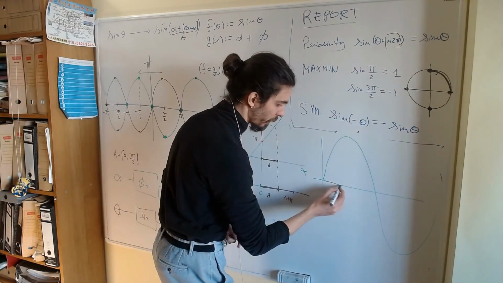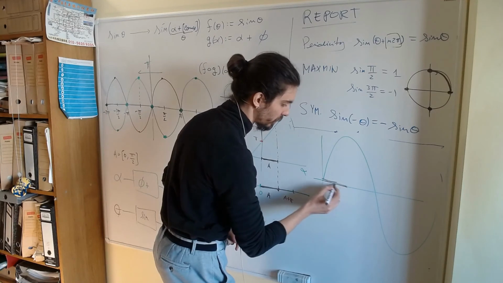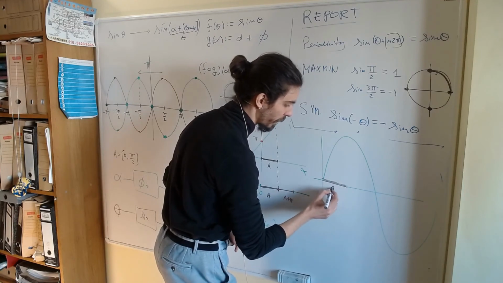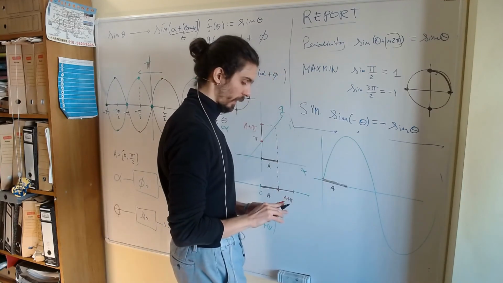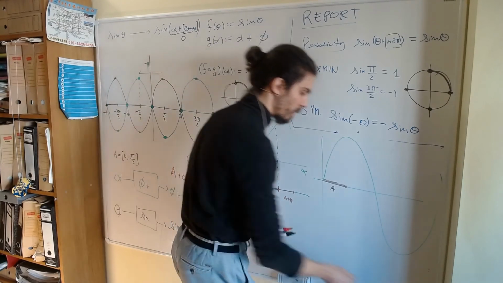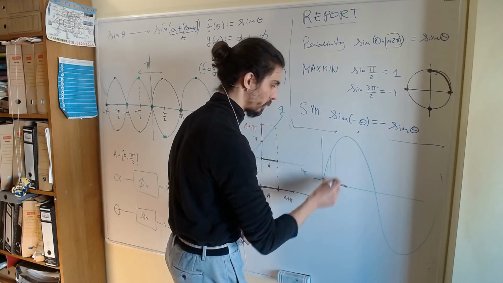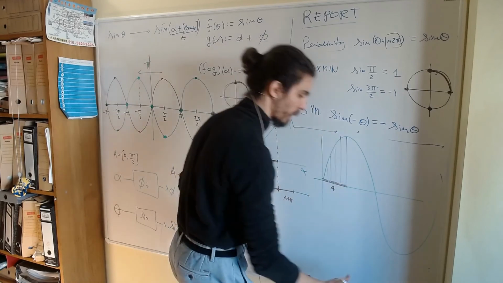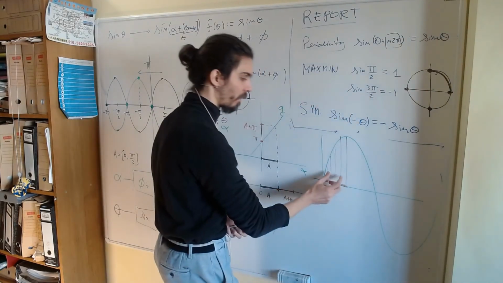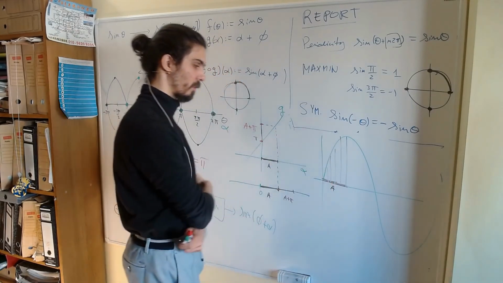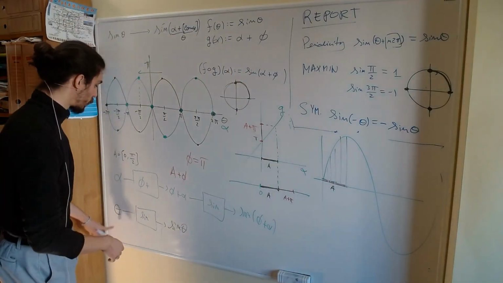This is A, set A. From 0, this is A, until the max. And the values that you get are these ones. Okay? So all these heights from 0 to 1 are the values that this function associates with A.